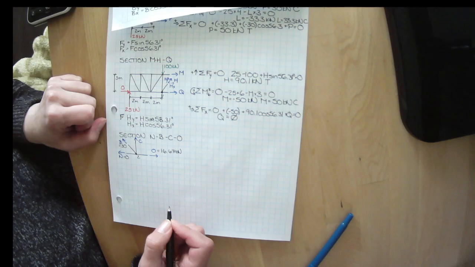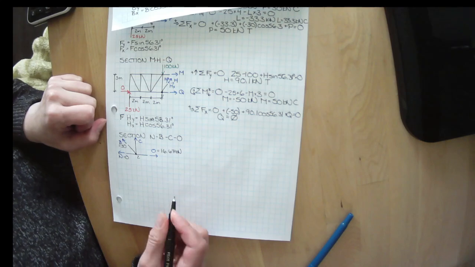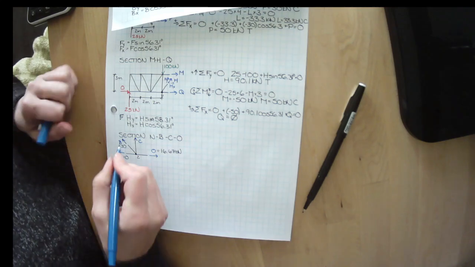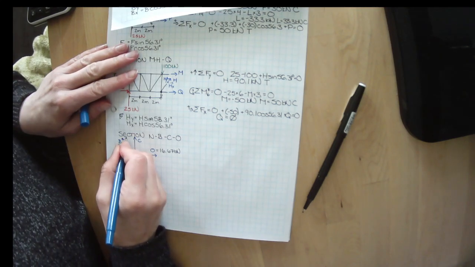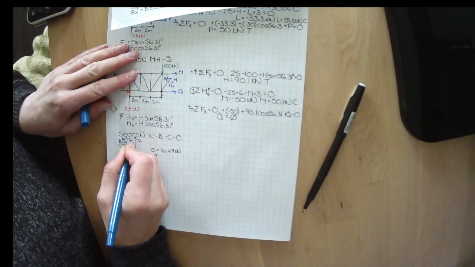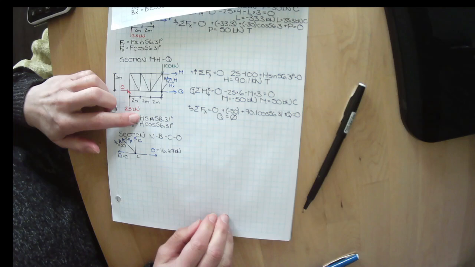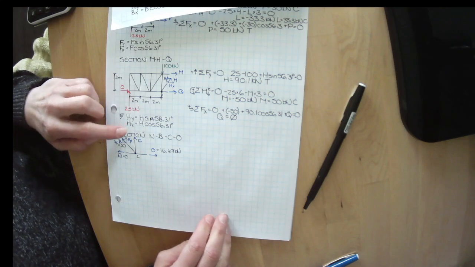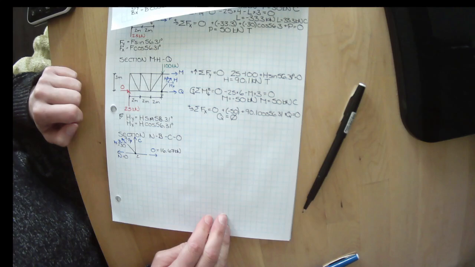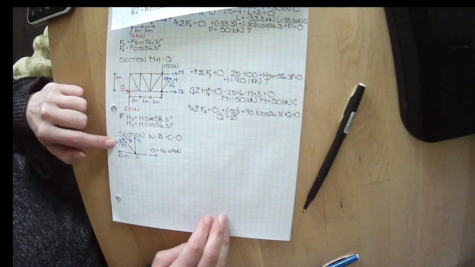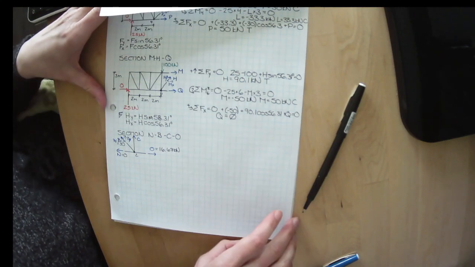So it looks like C is our only unknown here. B, we know, can be broken into By and Bx. We're used to this: if it's the y, it's the sine of the angle; if it's the x of the force, it's the cosine of the angle.